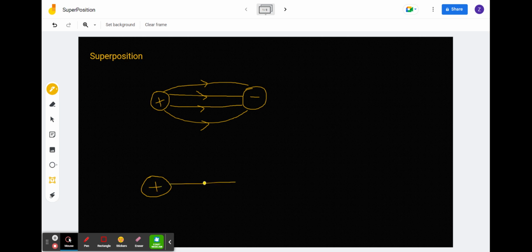So the idea is that if I just have the positive, at this point right here, which is equivalent to this point, the electric field is E1, pointing to the right. But then if I only have the negative, at that point, which is the same point that we're talking about, it'll have a field strength of E2.